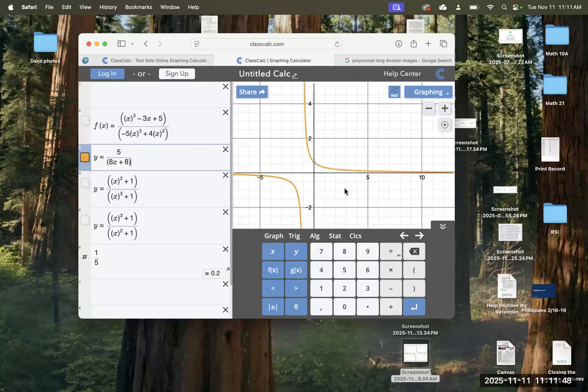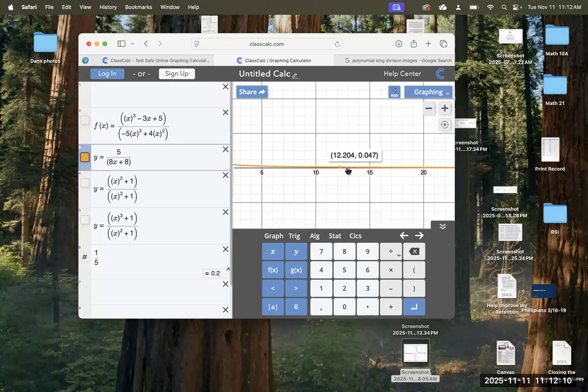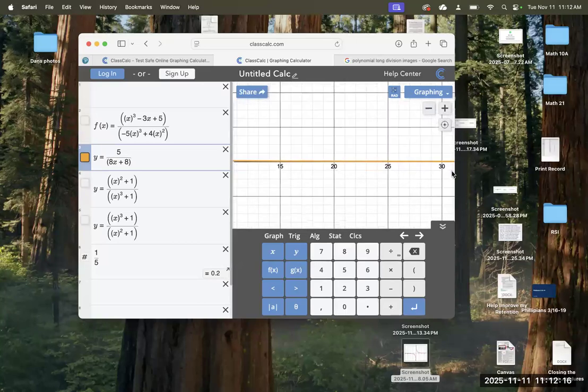As we go toward positive infinity, you can see that the graph is coming from the other direction, but it is getting closer and closer to 0 as well. As we travel further and further out here, 0.4, 0.35, it's getting closer and closer to 0.